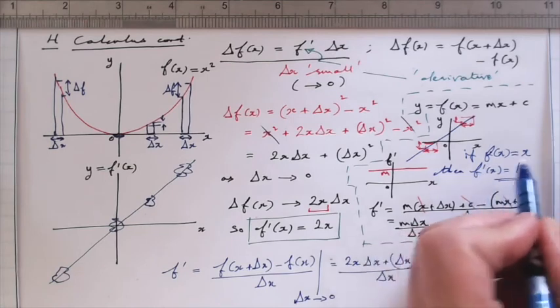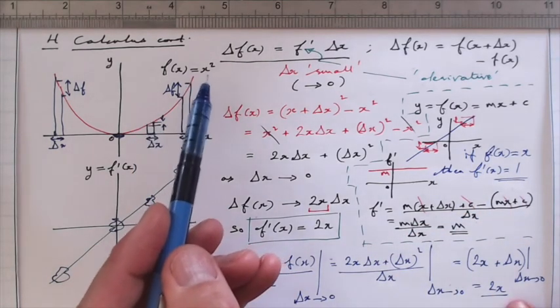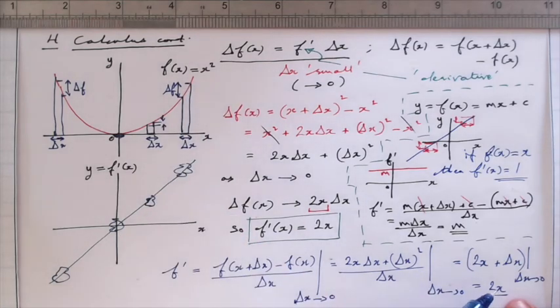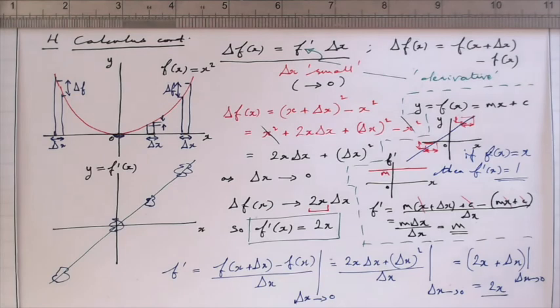So these two examples, the derivative of x squared being 2x and the derivative of x being 1, give us a seed of an idea of what the general case might be if we have f of x equals x to a power, where that power is a positive integer. Maybe we can intuit what the form of the derivative is. And in the next tutorial, we're going to derive that, and it won't actually be very difficult.